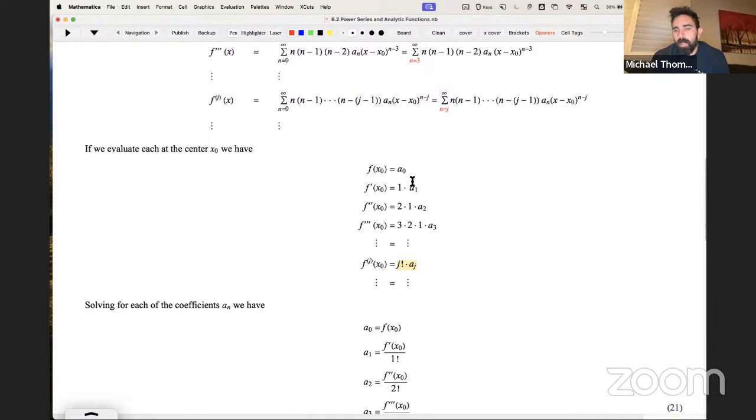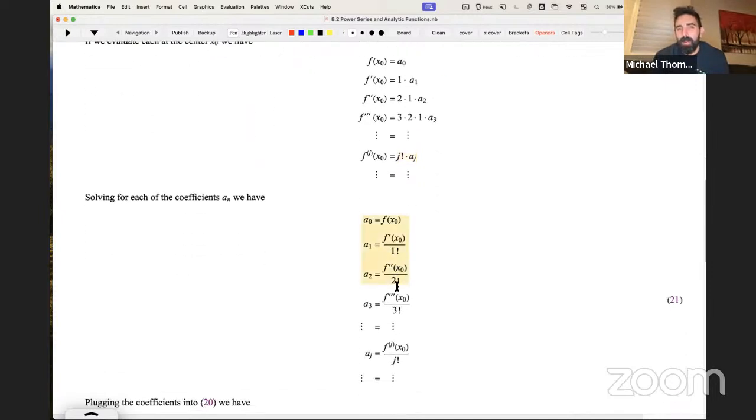So if you solved for the coefficients, which is kind of the point, right? If you want to know what a power series is, all you have to do is know what the coefficients are, and that'll tell you what it looks like, because we know it's x minus x naught to these powers. It's just the coefficients that are most important.